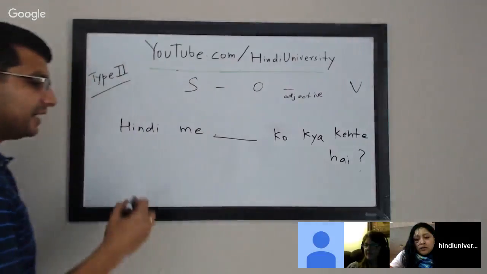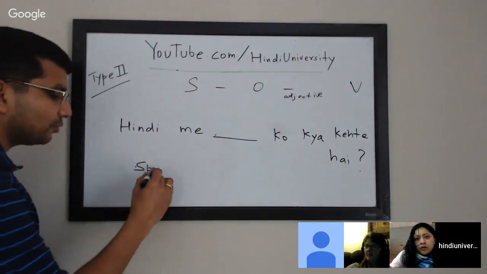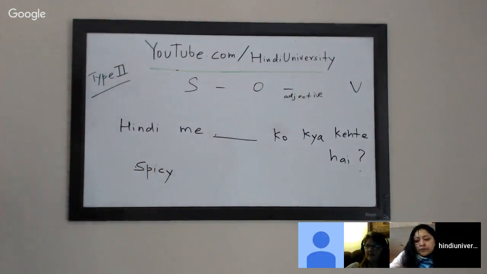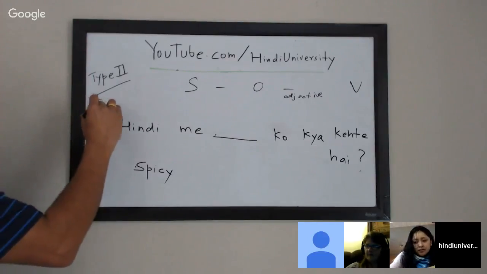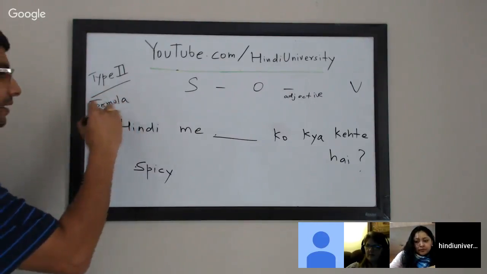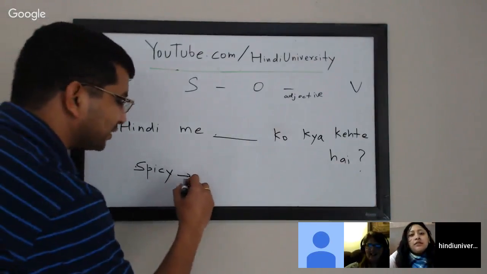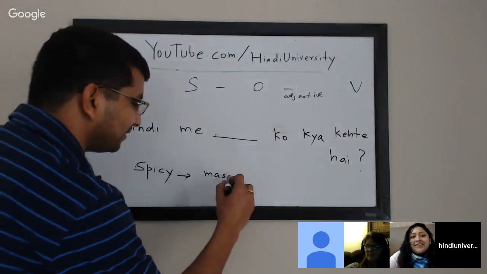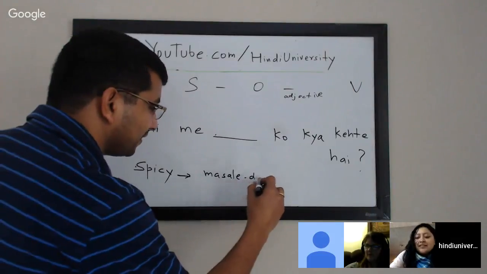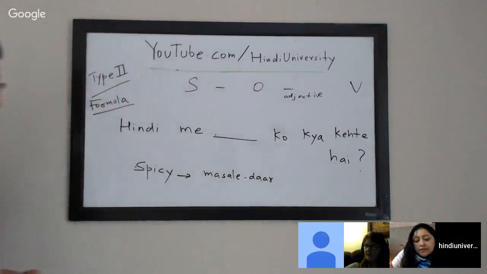Okay, let's say spicy. You know the Hindi word for spicy. Okay, how will you use the formula? How will you use the formula? हिंदी में spicy को क्या कहते हैं? Very good, right? हिंदी में spicy को मसालेदार कहते हैं.